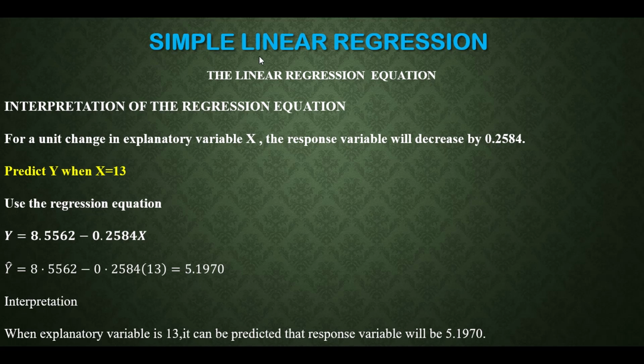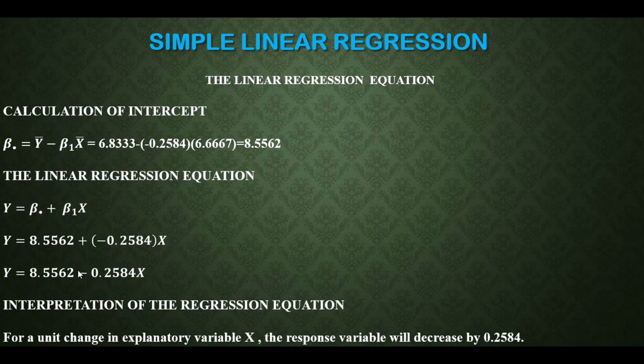Since the major essence of simple linear regression is that we can use it for predictive purposes, mostly in data science, now we want to predict the value of y when x is 13.